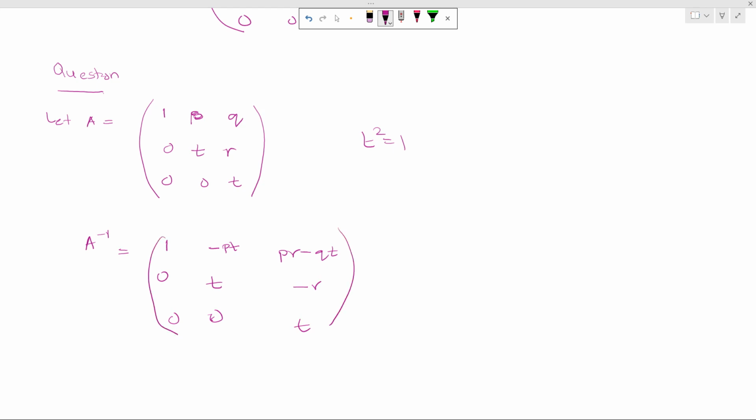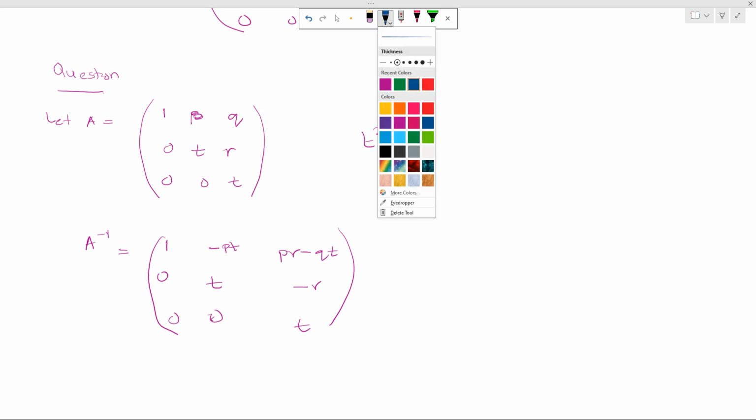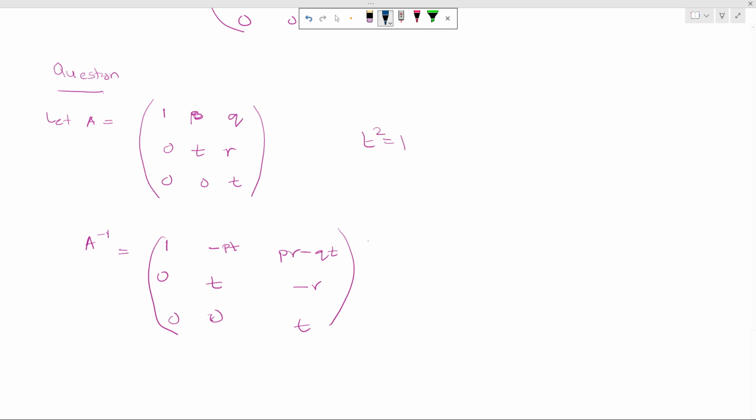So now if you look at the matrix A, it appears like an upper triangular matrix. So what simply I can write down A inverse like this.